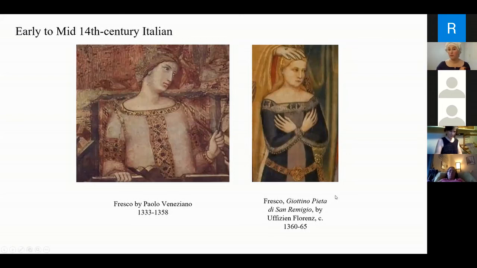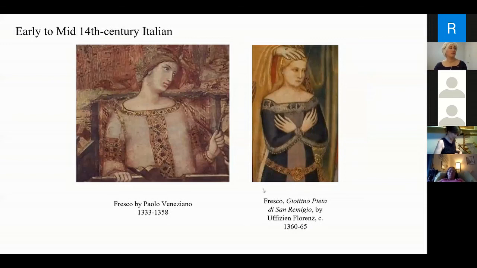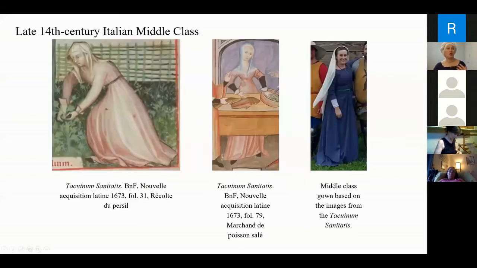Wide bands of decorative material, and a very narrow fit to the body. But as you go through the 14th century, they get a little bit more curved because they're trading more with Western Europe, and they lose some of the huge wide bands of material. You see some narrow bands of decorative material in some images.